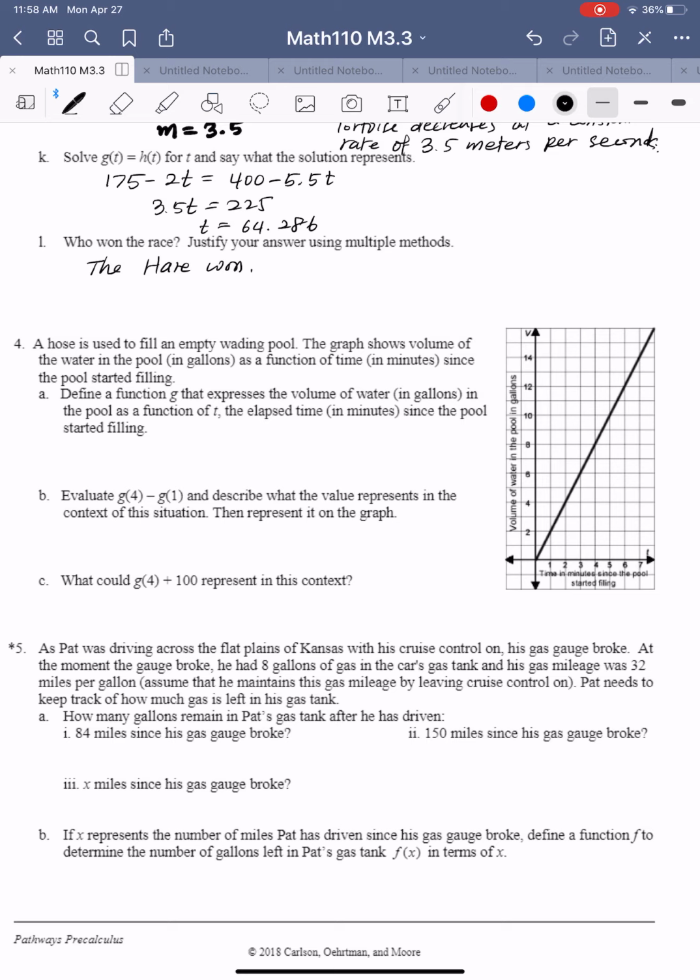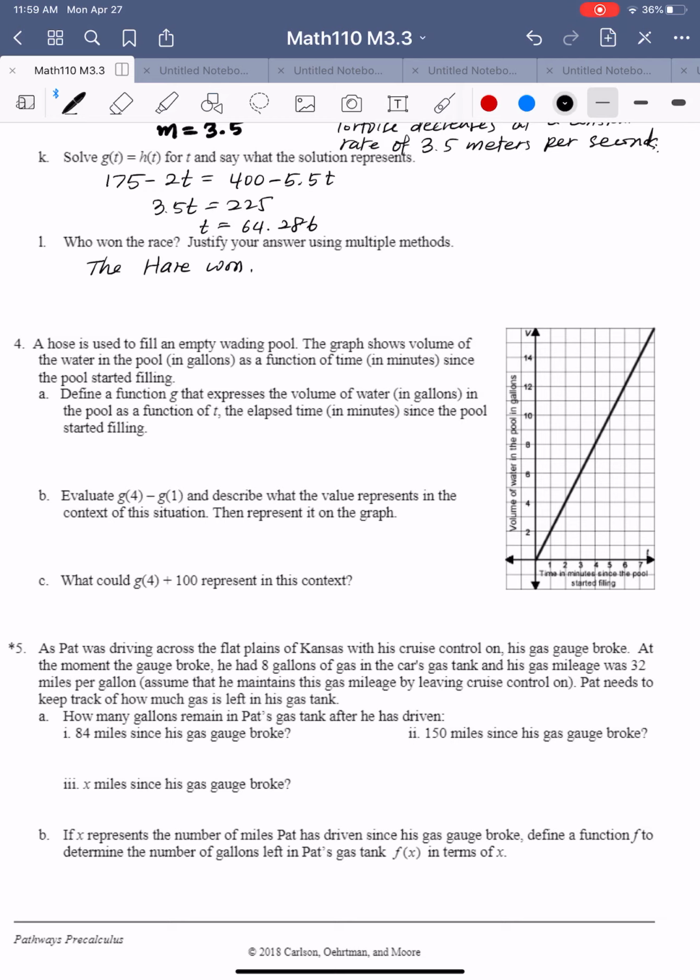His gas mileage was 32 miles per gallon. Assume that he maintains this gas mileage by leaving cruise control on. Pat needs to keep track of how much gas is left in his gas tank.